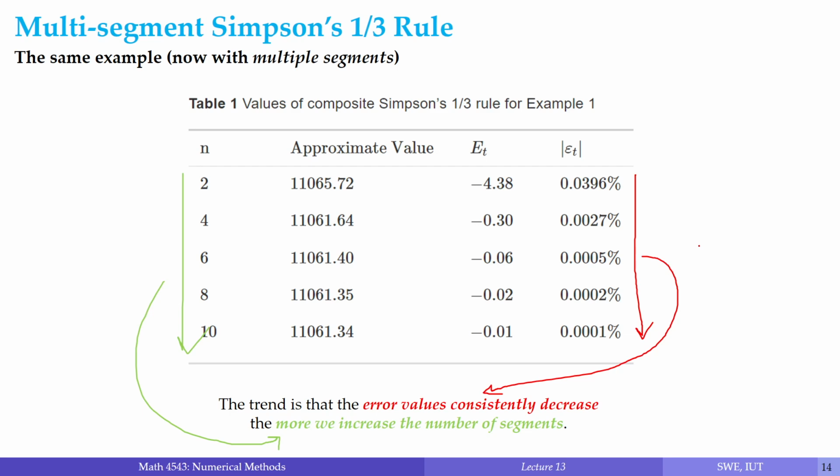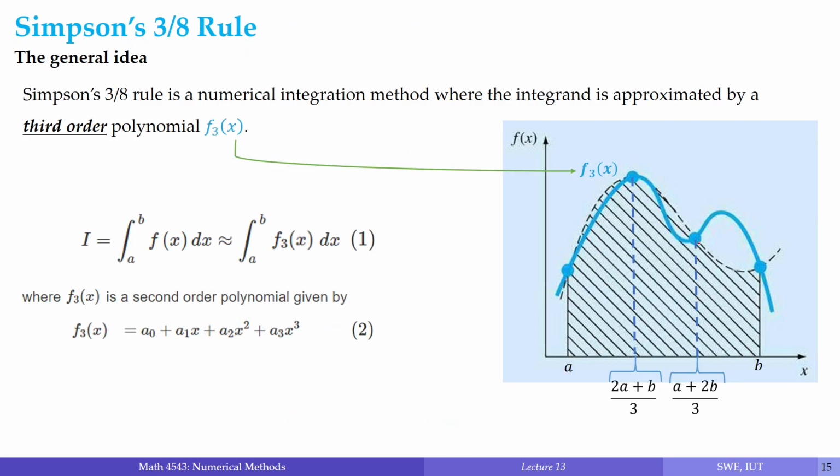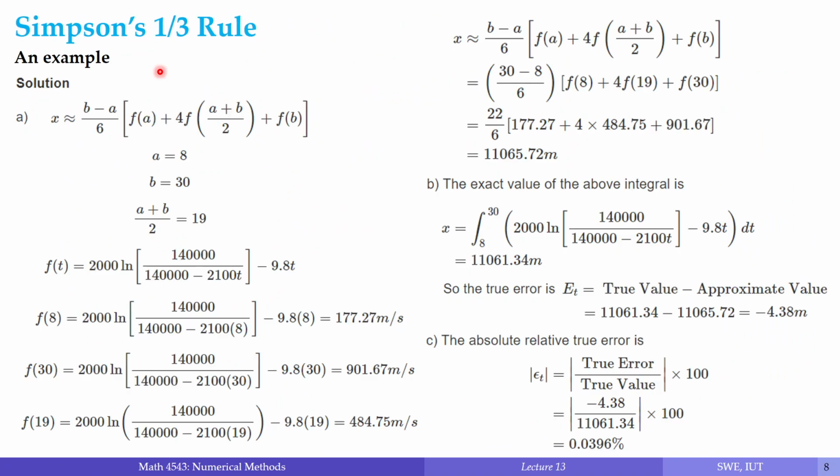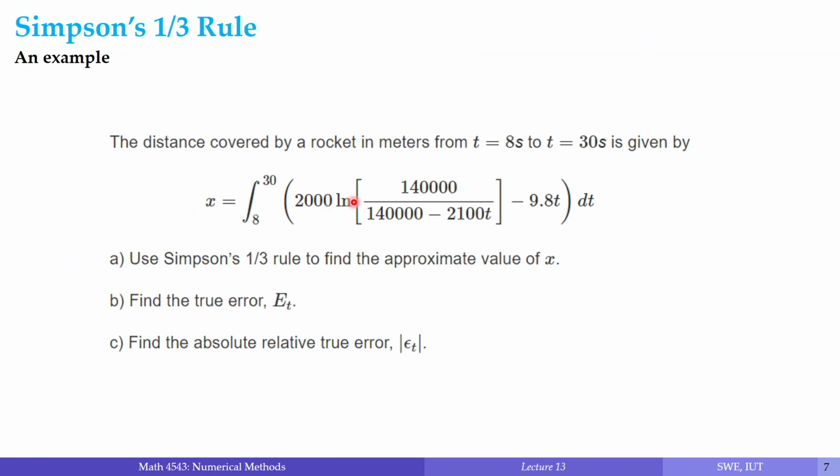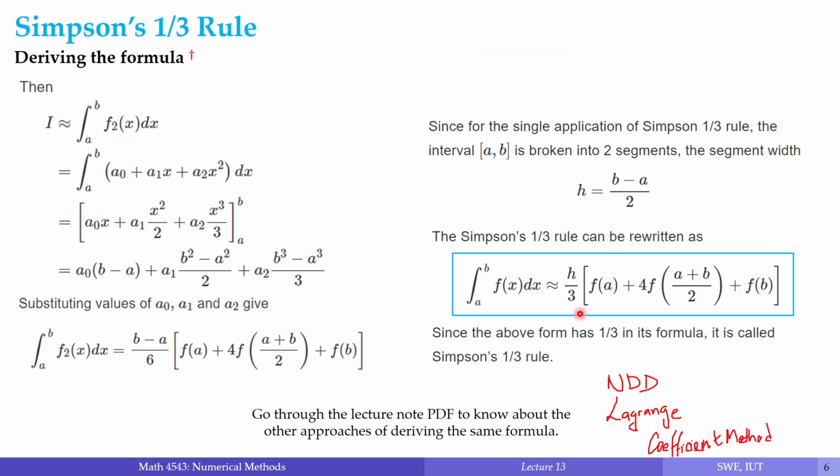Let's proceed to the next topic, which is Simpson's 3/8 rule. The naming convention of these numerical methods of integration that were invented by Simpson is, as I've said before, due to the leading coefficient of the formula that we are deriving.